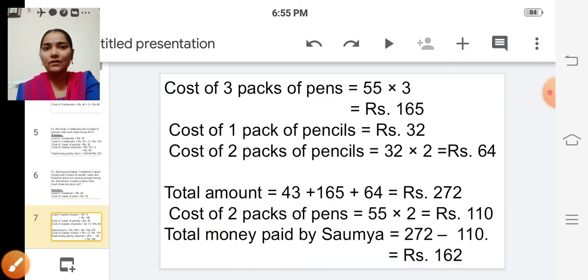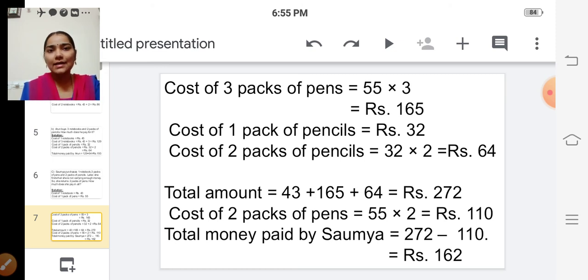So we have got all the cost, isn't it? So again we have to add these three amounts. That is cost of one notebook and cost of 3 packs of pens and cost of 2 packs of pencils.